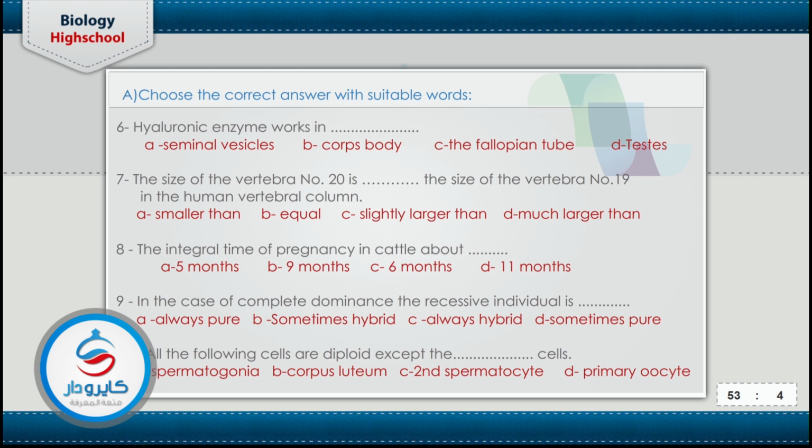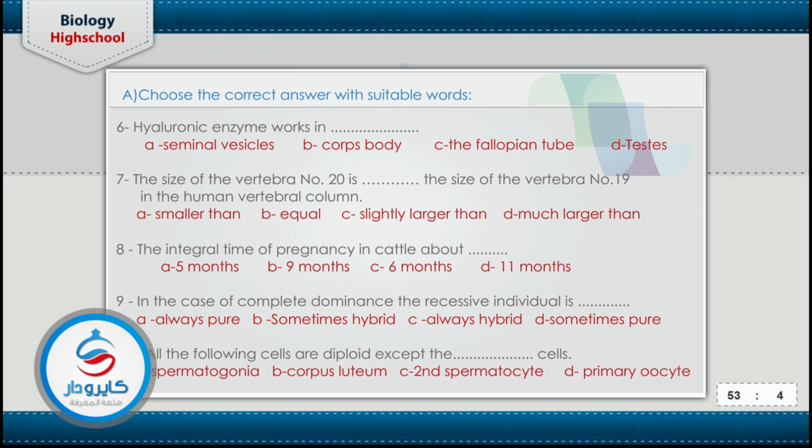And the fertilization takes place at the first third part of the fallopian tube. So the right answer is number C, the fallopian tube. The question asks about the site of action of the hyaluronidase enzyme, not the site of secretion.